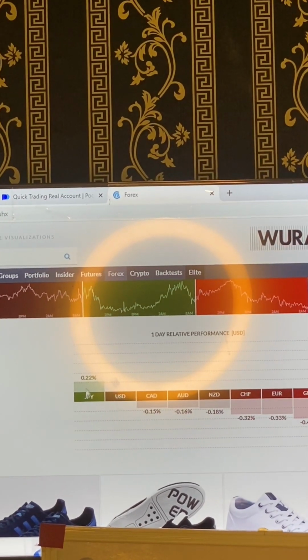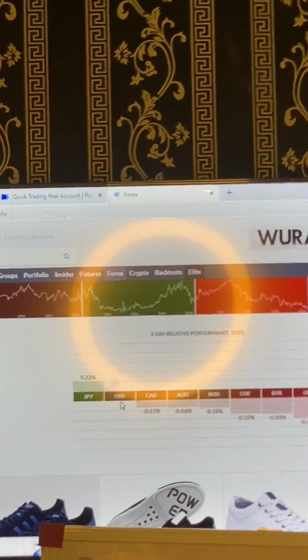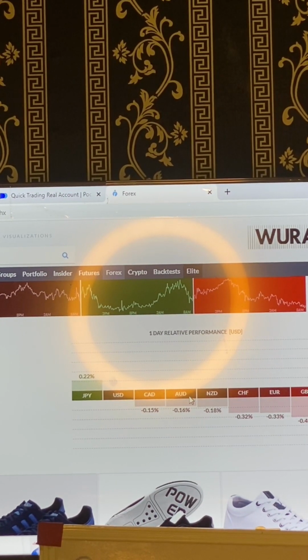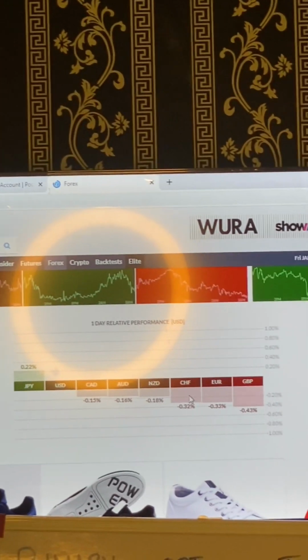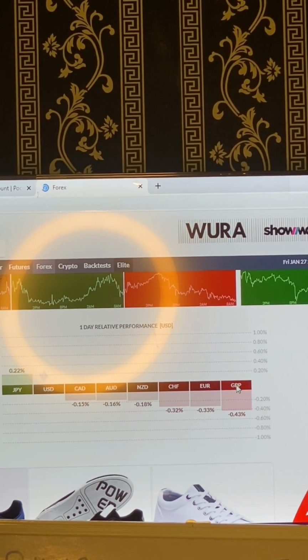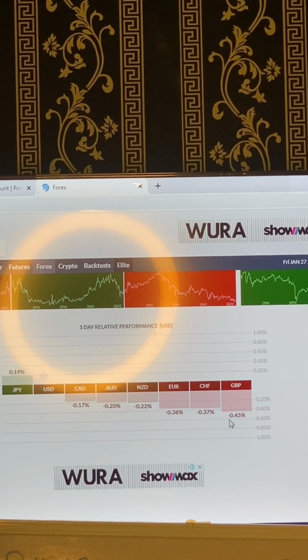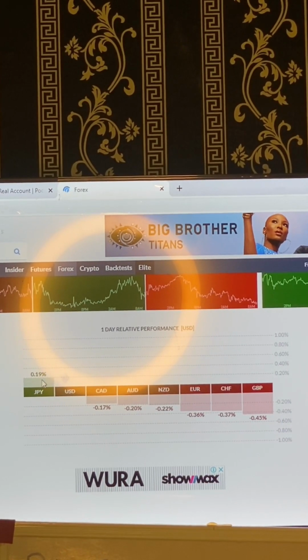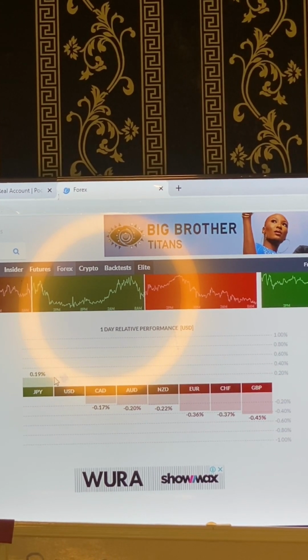JPY, as you can see right here, is stronger than USD. USD is stronger than CAD, CAD is stronger than AUD, and so on. That is the way they are. The weakest currency right now is the GBP, that is the pound, at minus 0.45, and the highest currency strength right now is JPY, at 0.19%. So that is what we're talking about.